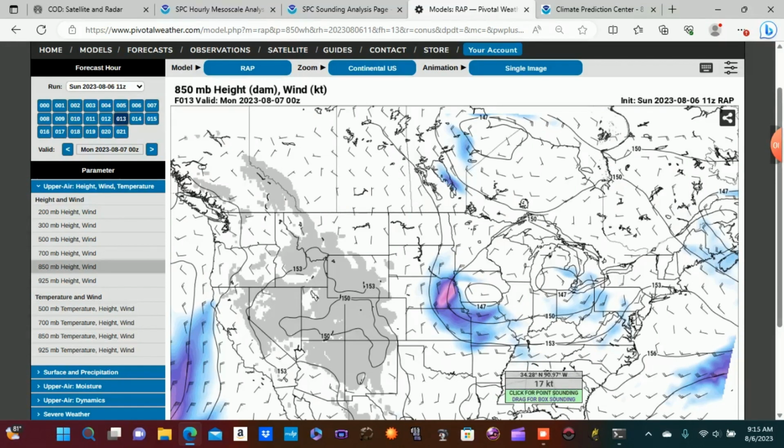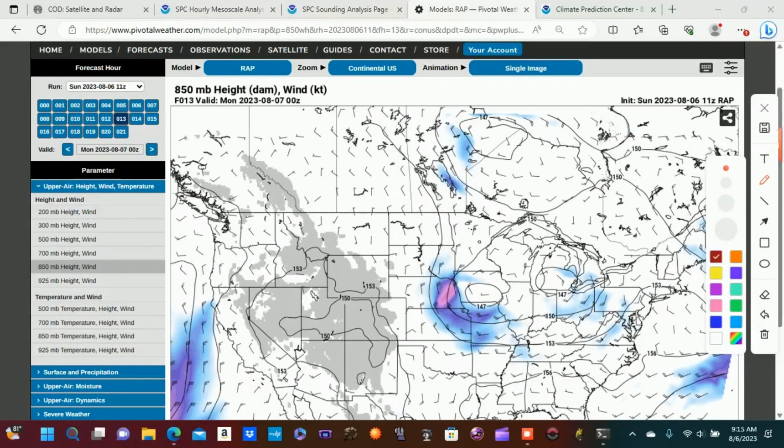And then later this evening, the frontal boundary that's draped across this region is going to lift back to the north. That will set the stage for additional thunderstorms to develop ahead of a cold front. And that will set the stage for additional severe thunderstorms with potentially an all hazards threat, damaging winds, large hail, and maybe a tornado or two later in the evening.